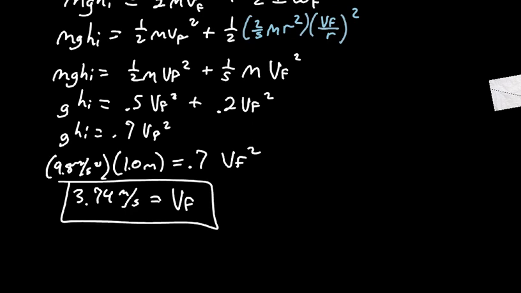So that's fast enough that the combination of kinetic energy due to moving place to place and kinetic energy due to rotation, those two added together equal the gravitational potential energy that we started with, and energy is conserved.